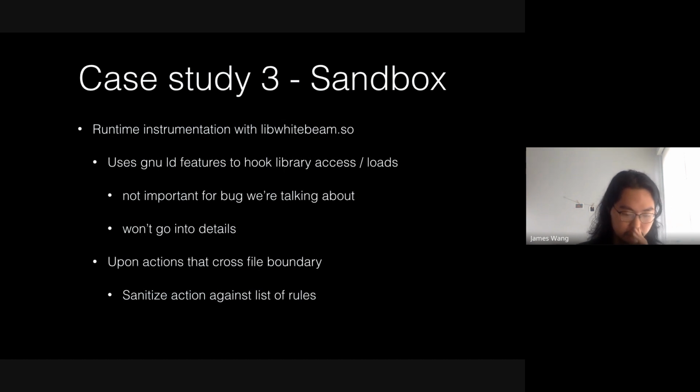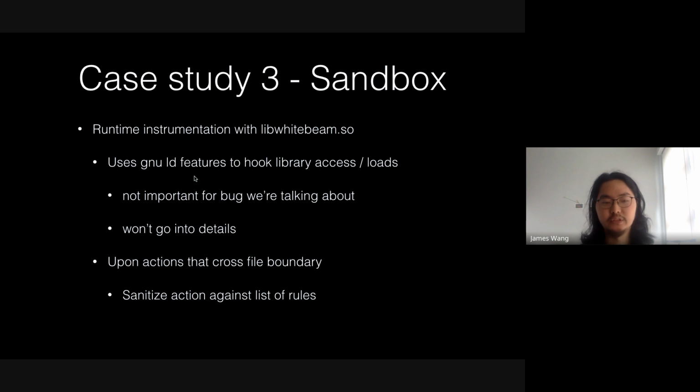So we need to start talking about how it actually works. Whitebeam tries to use the GNU loader features to hook all library access and loads to files and stuff like that. It tries to hook through the function resolving part. For those familiar with binary exploitation, it's trying to hook the PLT resolve function, if you know what I'm talking about.